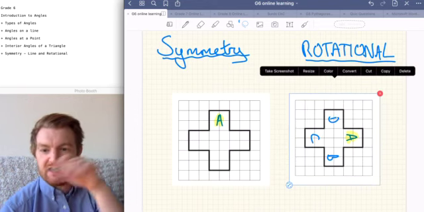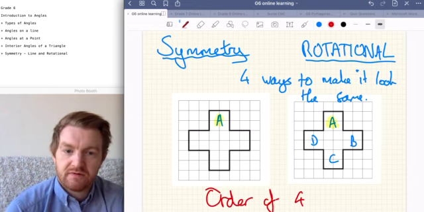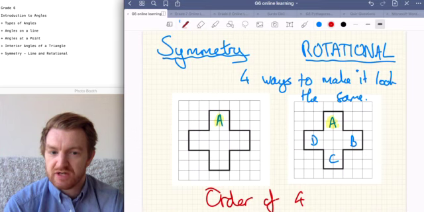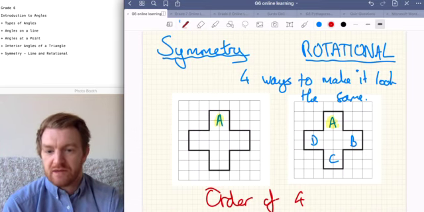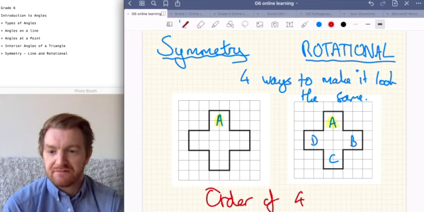There's 4 ways I can have this shape to make it look the same. So we say that it has an order of 4. Order just means rotation symmetry, and there's 4 ways I can have the shape where it looks the same. So this shape has a line symmetry of 4 and an order of 4.